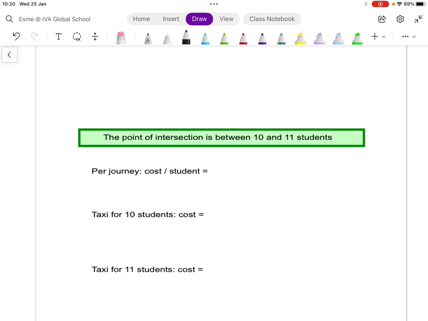So the cost per journey, per student, okay, per journey would be, we calculated that to 336. The taxi for 10 students, you would have taken your 3,600 and divided it by 10, and that would give you 360.